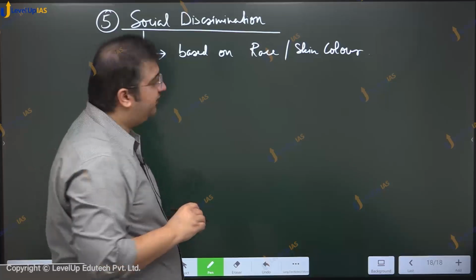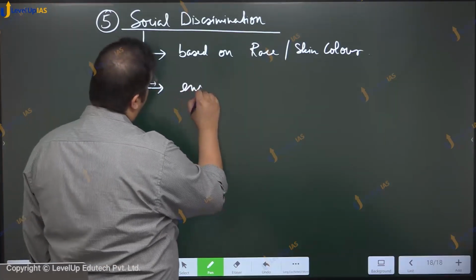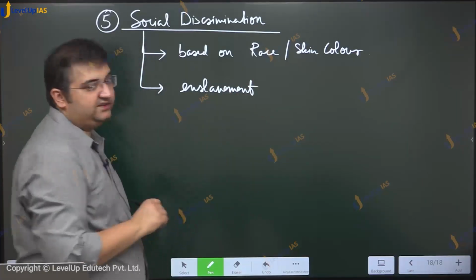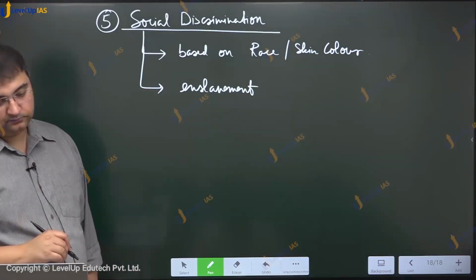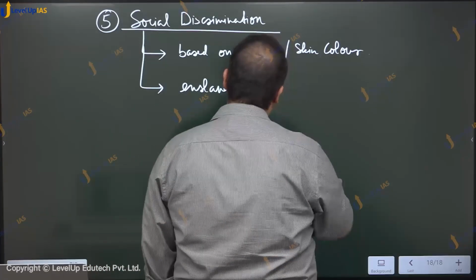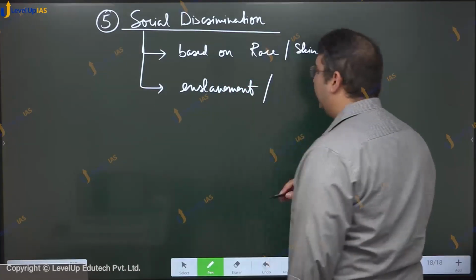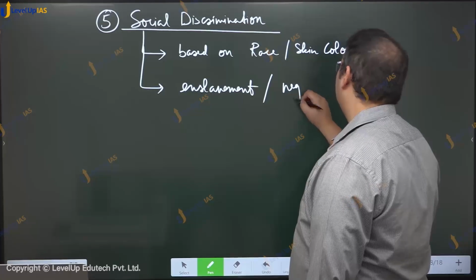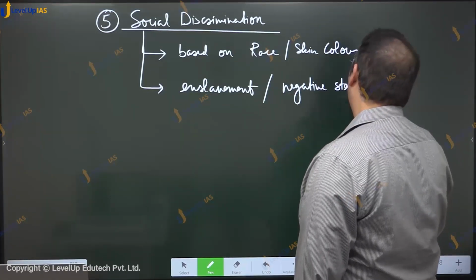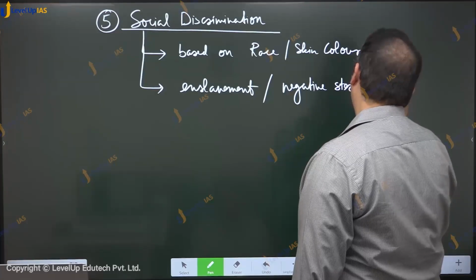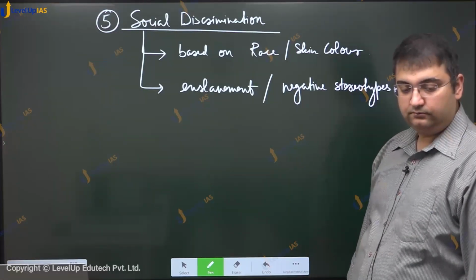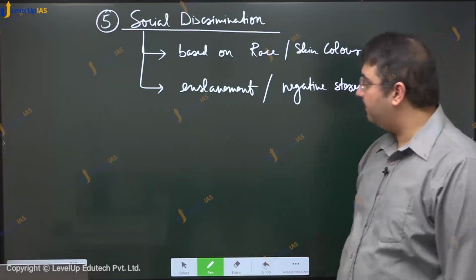It took the shape of enslavement of the discriminated people and the circulation of negative stereotypes against them. ठीक है?